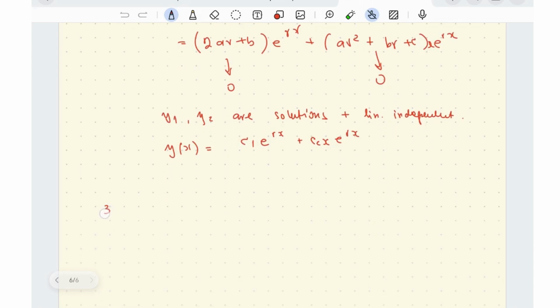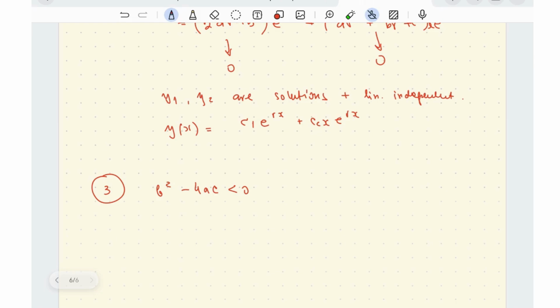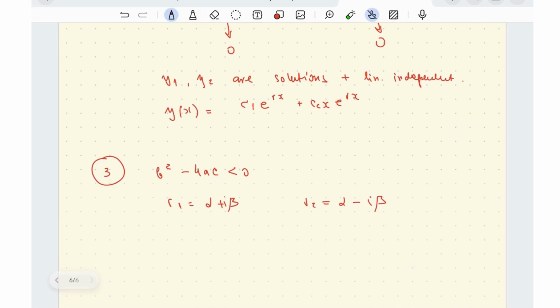Okay, and the third case is when the discriminant is less than 0. So the roots then are complex, so we'll have r1 equals alpha plus i beta, and r2 is alpha minus i beta. And in fact, alpha is minus b over 2a, and beta is the square root of 4ac minus b squared, over 2a.